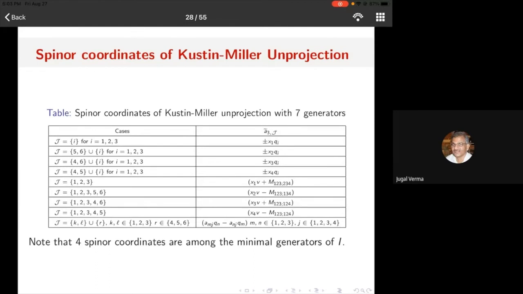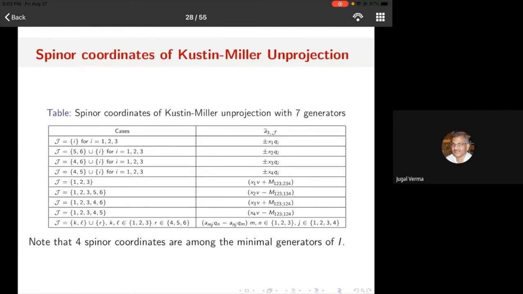And Miles Reid asked whether every family coming from this 7 by 12 matrix with a grade 4 Gorenstein ideal with 7 generators comes from this Kustin-Miller unprojection or a specialization of it. Later on, we have given an example which is not a specialization of this family coming from the unprojection family.